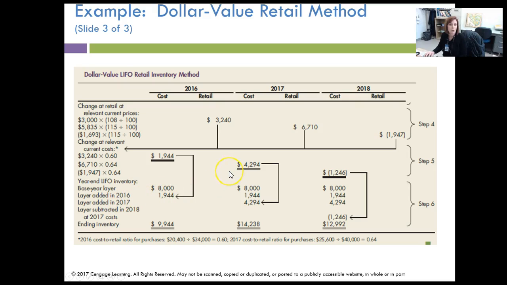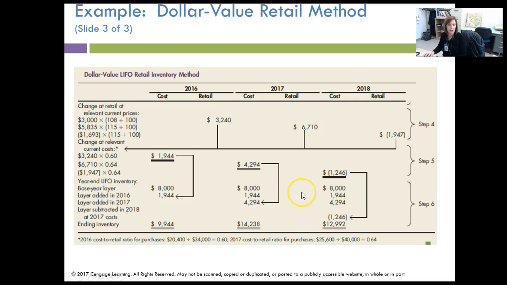And then we move on to 2017 and we add to 2017. So we've got the 2016 beginning inventory at cost plus the purchase ratio figures. And then we add the 2017 figures.